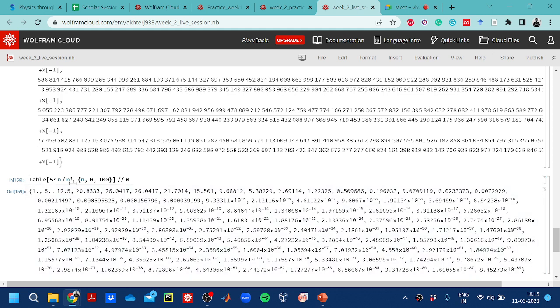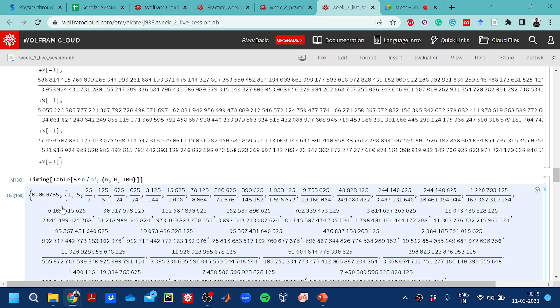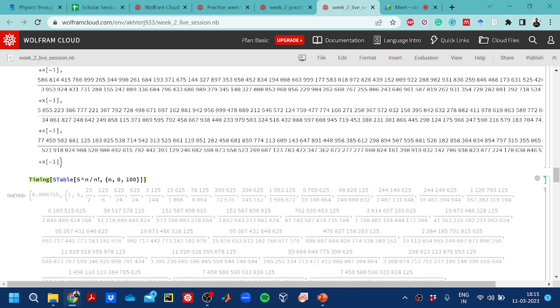Now, if we want to see how much time it is taking, we have to write this timing command. So it is taking this much time, 0.00075, and if we want to see the summation of these values, we have to write here total.